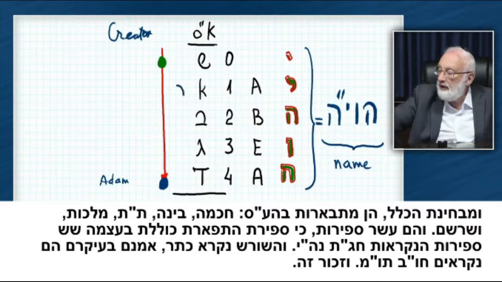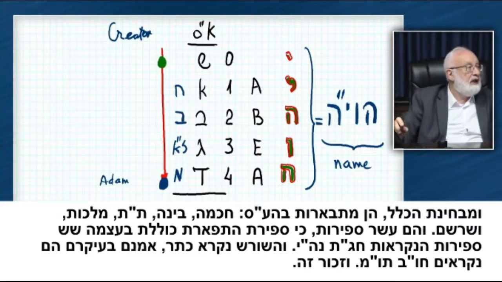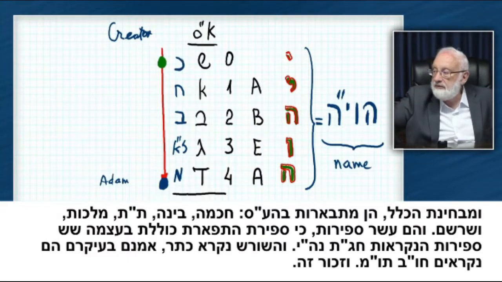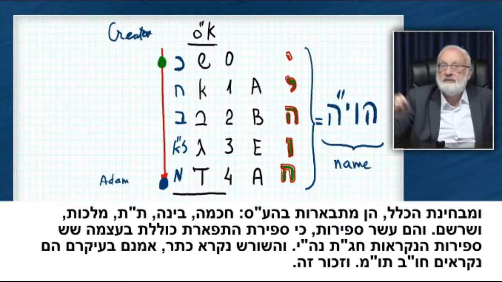I'm going to have to write it here. Chokhmah, Bina, Tiferet, which we write as Zeir Anpin, and Malchut. 4 levels, and their root called Keter.